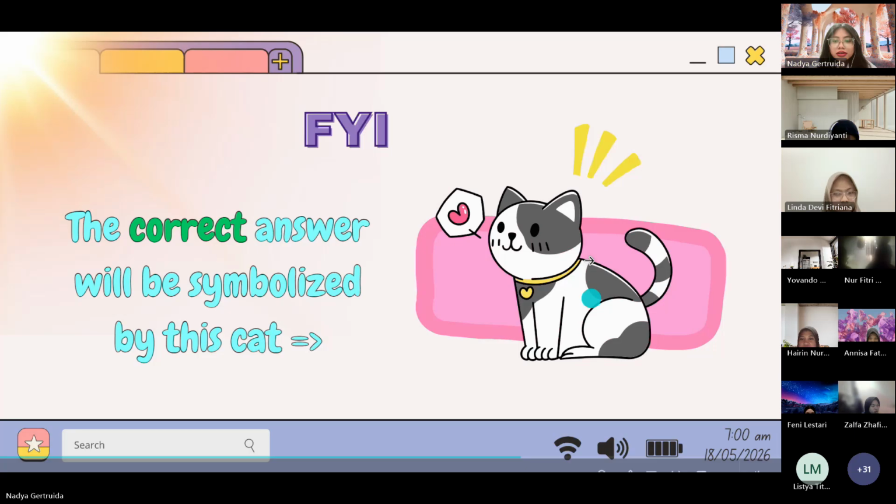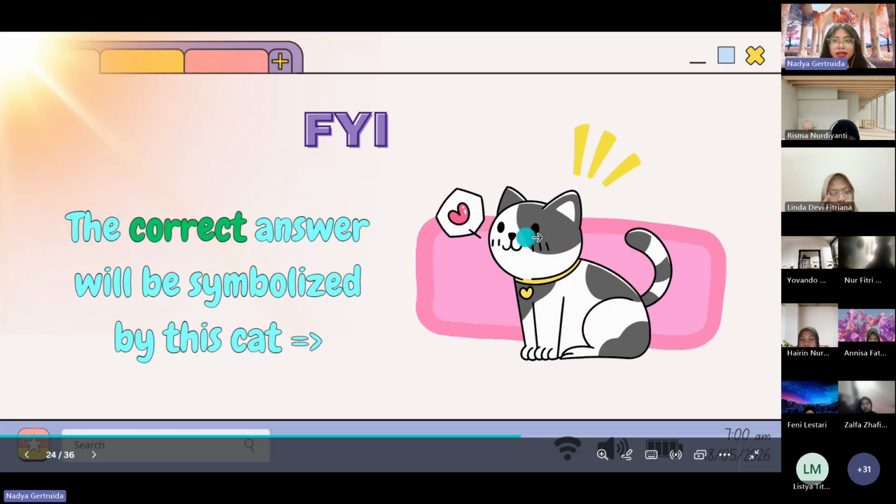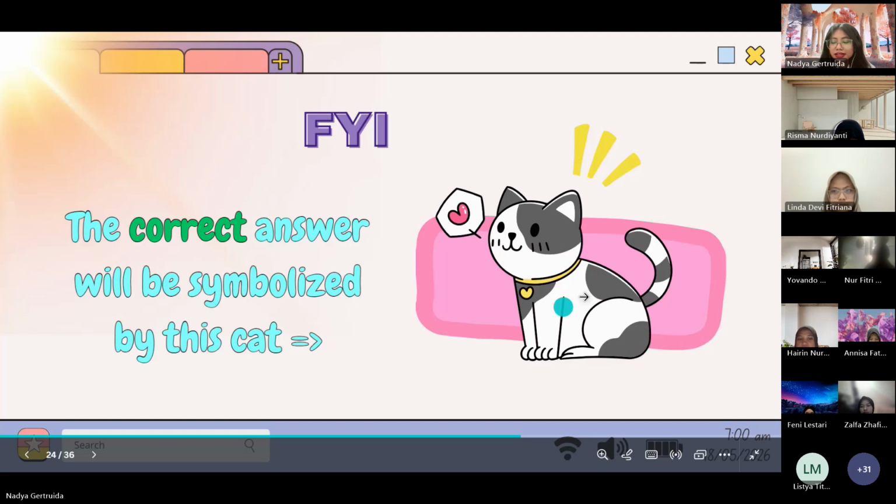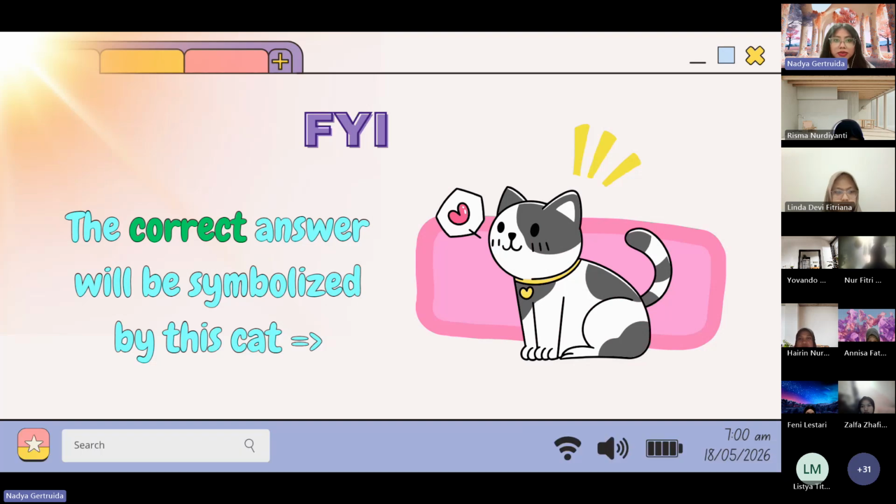So the correct answer on A, B, C, or D is symbolized by this. If you want to answer the quiz, you must raise your hand first until I say your name, and then you can give your answer.